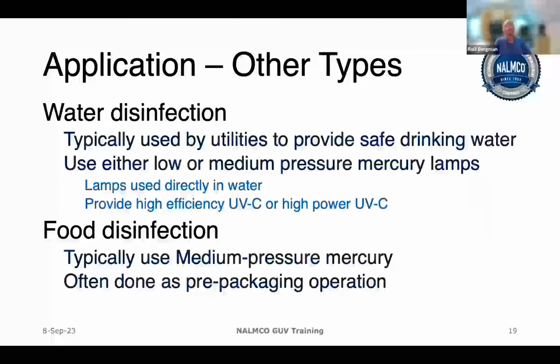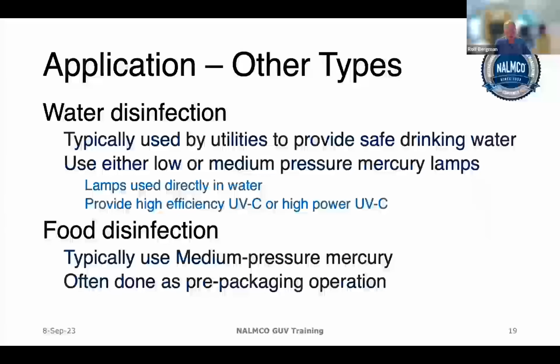There are other applications that we in this course will not talk about much. Water is disinfected to provide safe drinking water. For example, New York City, I understand, treats all the drinking water with ultraviolet lamps, mostly low, medium, and high pressure lamps to get this disinfection.